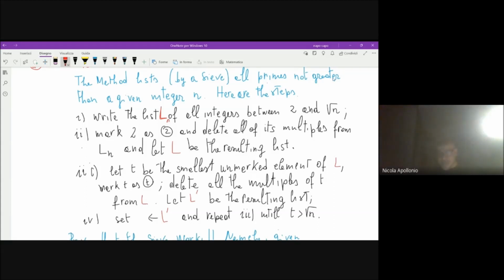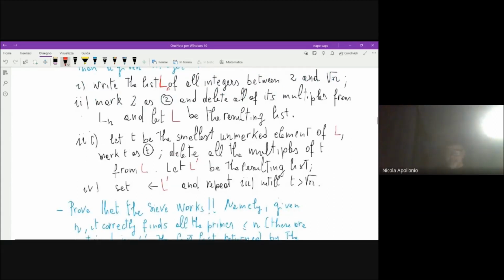And this is the tricky speed up of Eratosthenes' sieve. The tricky speed up is that you can confine yourself to those currently marked elements in the list which are not greater than the square root of n.